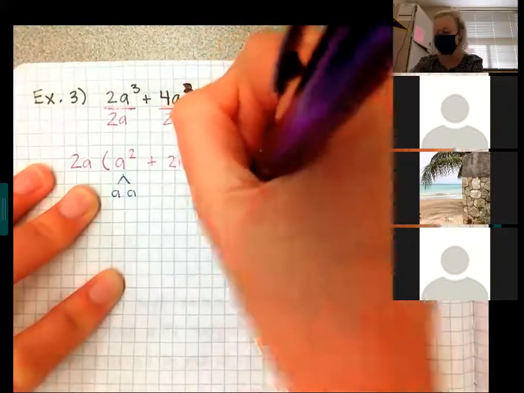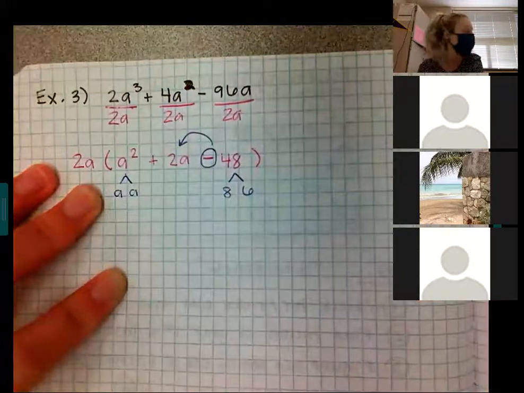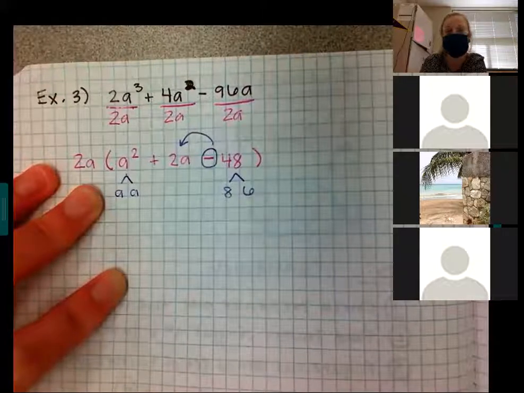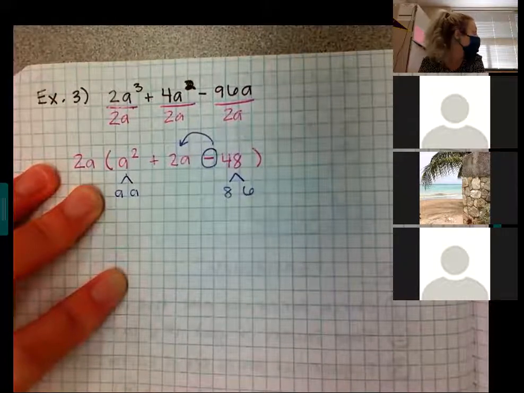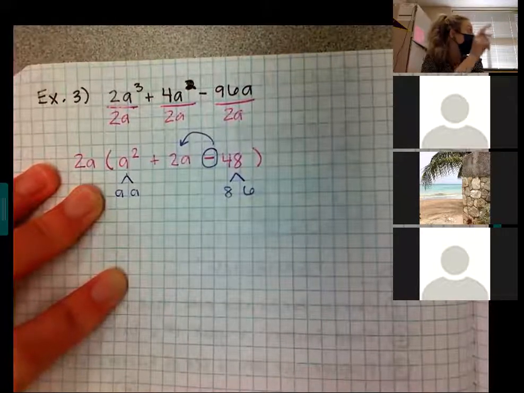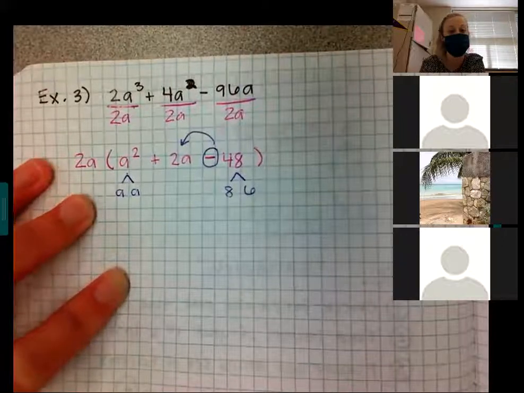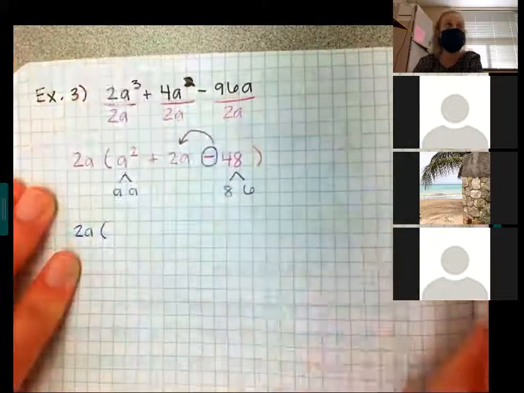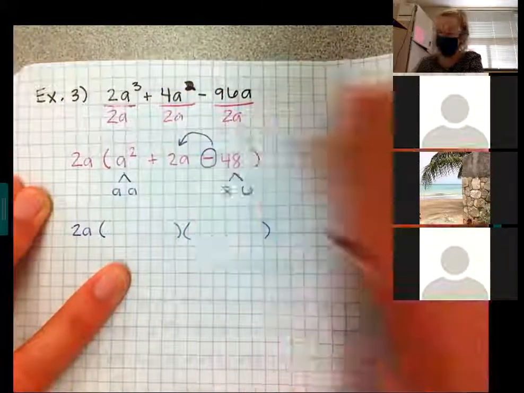Yes, 8 and 6. Very good. Or 6 and 8. The order doesn't matter. Remember, when you're multiplying, order does not matter, okay? What matters is the signs, where you guys have the signs. So does everybody agree? I have a 2A on the outside. Don't forget that. That's the GCF. And then the inside is going to break up into 2 more factors.